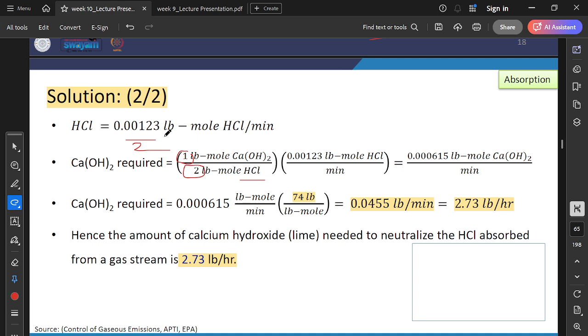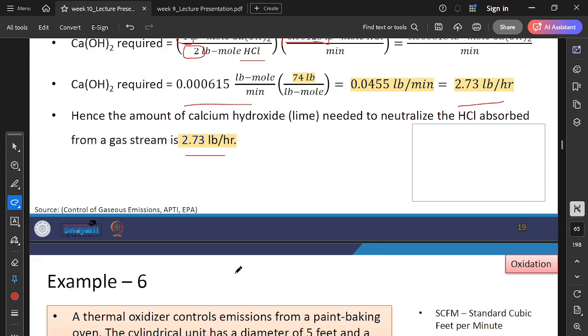The molecular weight of calcium hydroxide you all know in gram per mole, but here every unit is in pounds per mole, so just convert to pounds per mole, it will be 0.0123 per mole. So if you divide by 2, you will get how many moles, then multiply with the molecular weight, you will get pounds per hour. So per hour, this much calcium hydroxide needs to be supplied.